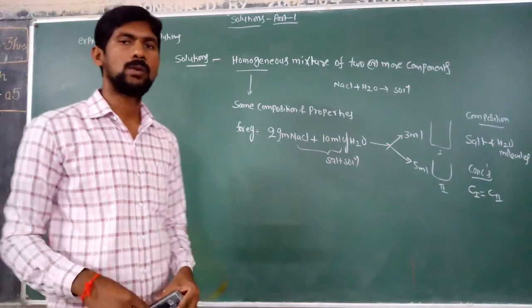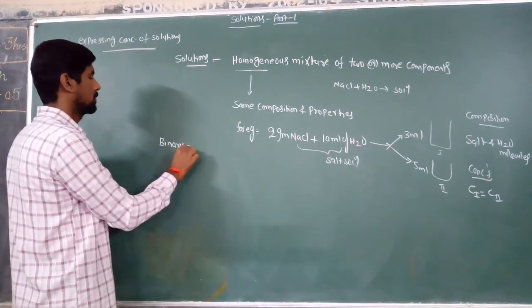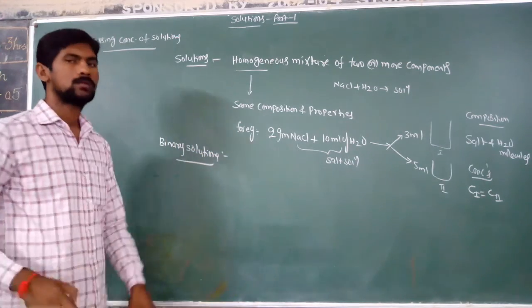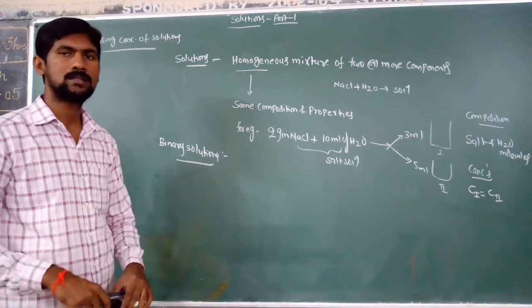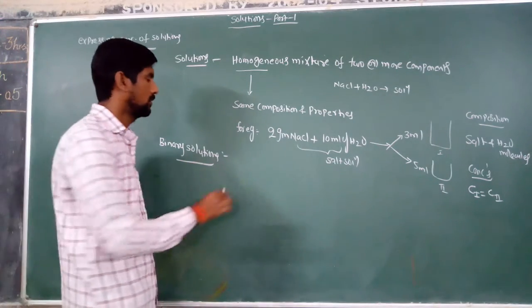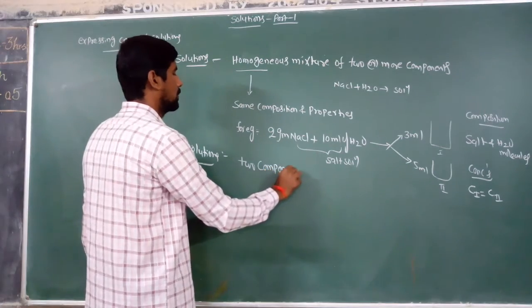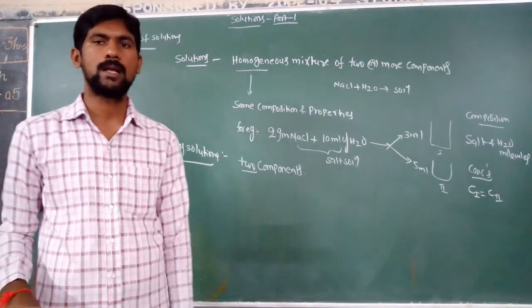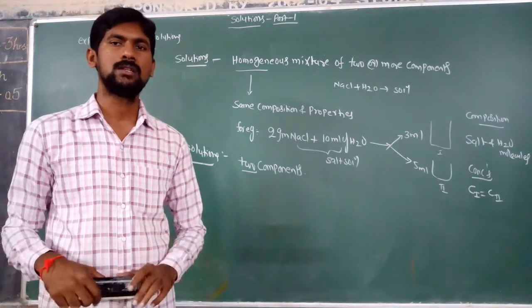Then what are binary solutions? Bi means two. Solutions having two components are known as binary solutions. In this chapter, most of the discussion is with binary solutions only.